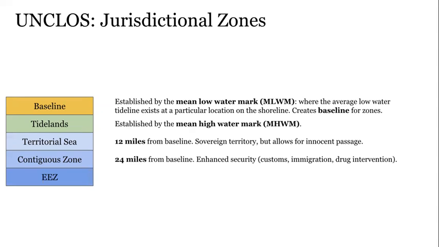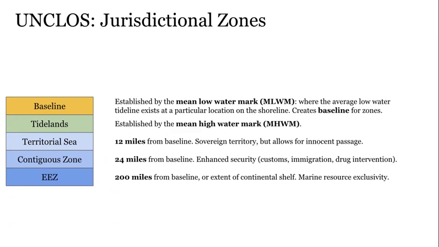The exclusive economic zone is usually 200 miles from a baseline, or the extent of the continental shelf. Sometimes the continental shelf, that is a geomorphic feature, can extend further. That's just for resource extraction, because historically we've had the ability to access the bottom of the shelf.